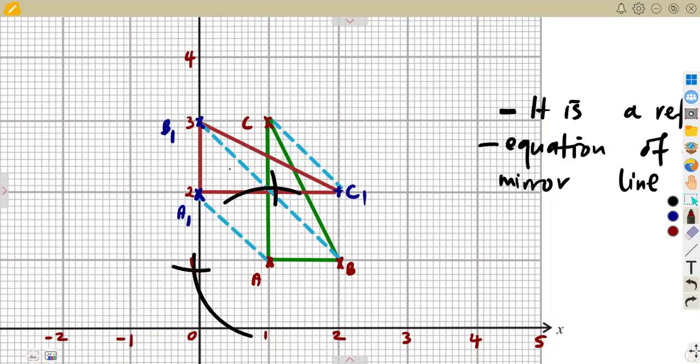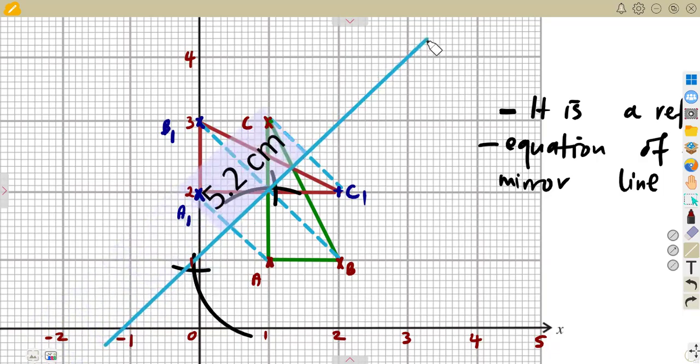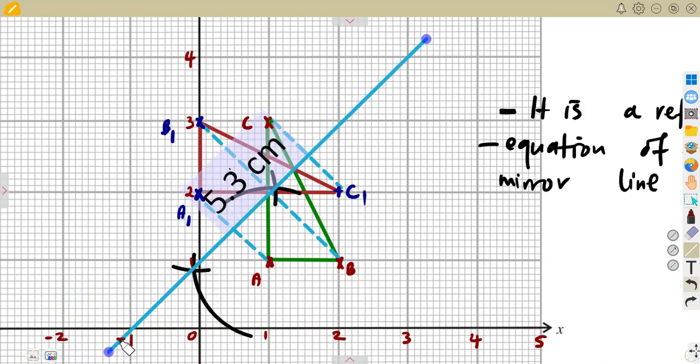So where the bisectors meet, you are going to join these two points. Okay, let's just use a continuous line. So it is going to be like this, passing through these bisectors like that. Something like this.